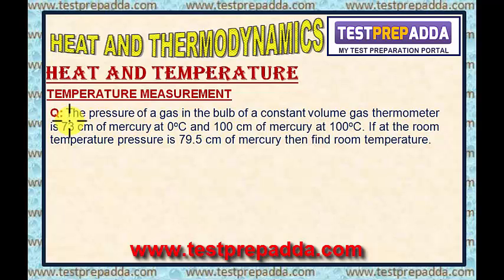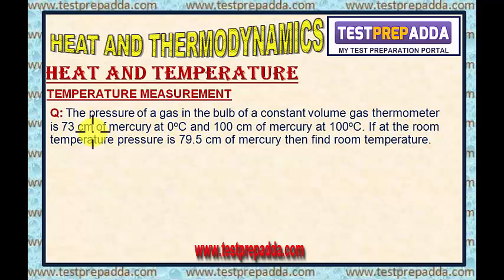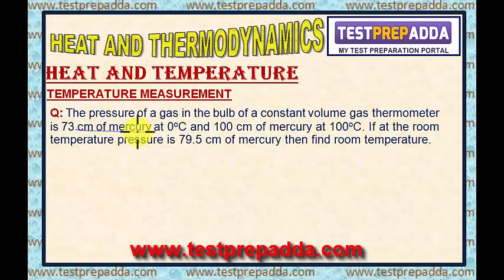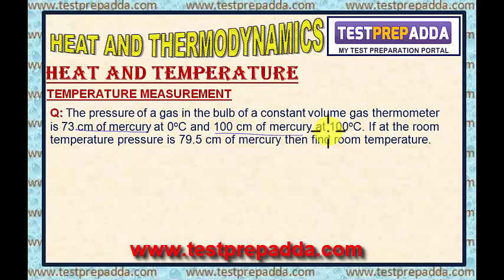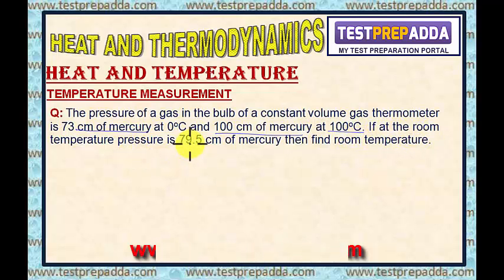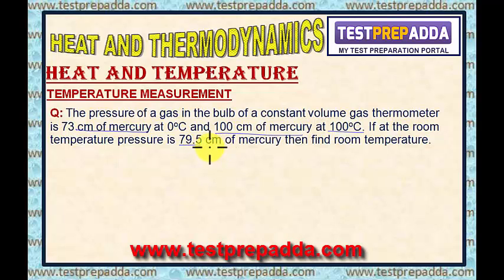Here the question says the pressure of a gas in the bulb of a constant volume gas thermometer is 73 centimeter of mercury at 0 degrees Celsius. This is the unit of pressure, centimeter of mercury. And 100 centimeter of mercury at 100 degrees Celsius. If at room temperature pressure is 79.5 centimeter of mercury, then find room temperature.